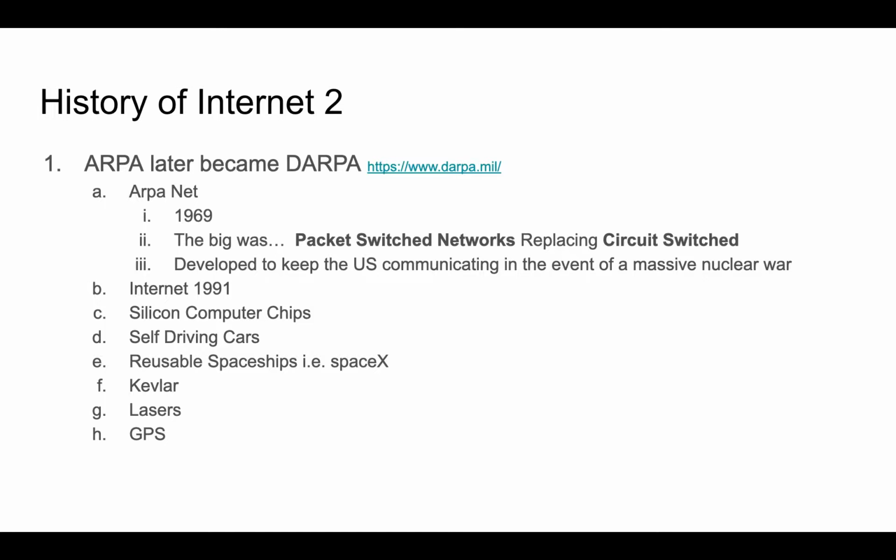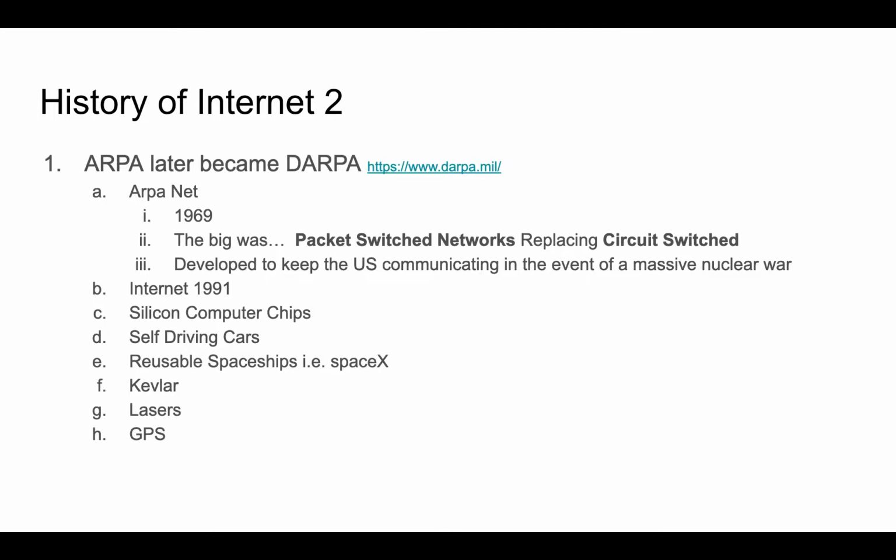The operators actually handled it. The old school way was you called somebody up, that went to the operator, you said who you wanted to call, and then they literally plugged a plug into a switchboard, and that's what made the connection. And eventually they replaced that with digital or some sort of switching technology that did it automatically. So that's the old school.